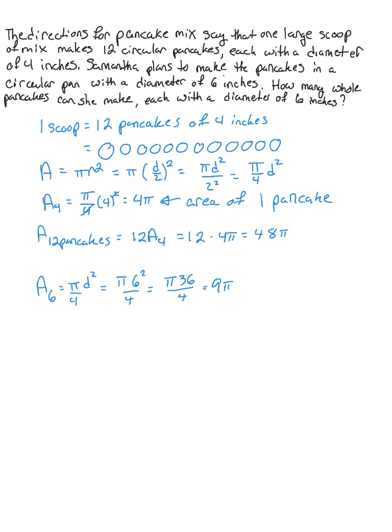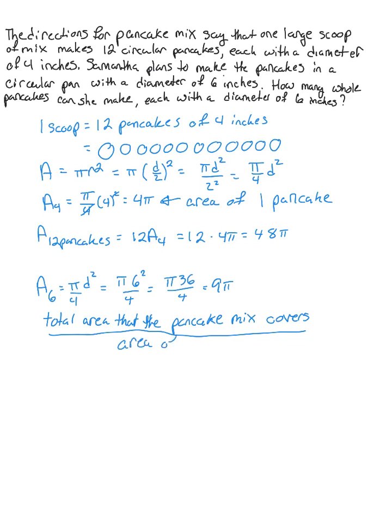The way we can do that is, in words, we can take the total area that the pancake mix covers, and divide that by the area of one 6-inch diameter pancake, and that will tell us how many pancakes we can make.